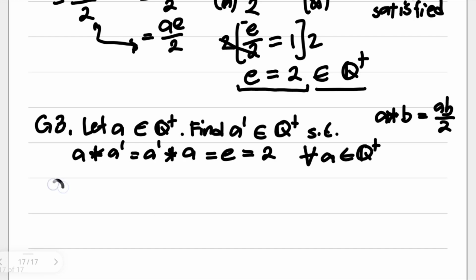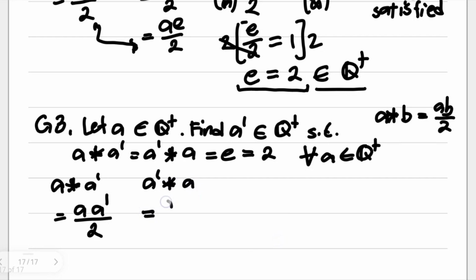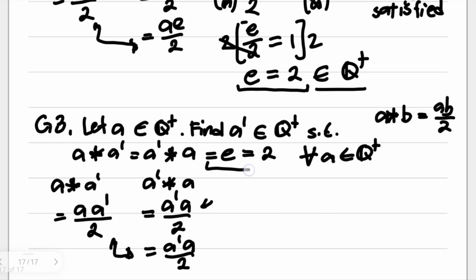So if we follow A star A inverse, this would be A times A inverse over 2, as the product there. Using the same thing on the other side, you will have A inverse times A over 2. And since this is commutative, they are the same. So what would be the representation of our inverse? Take note that this should be equal to E.